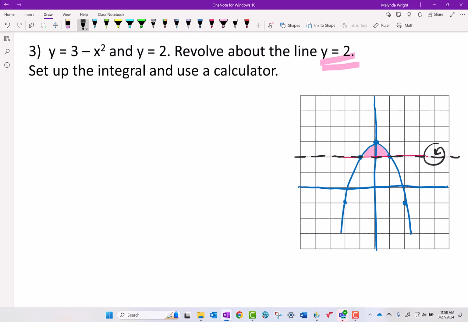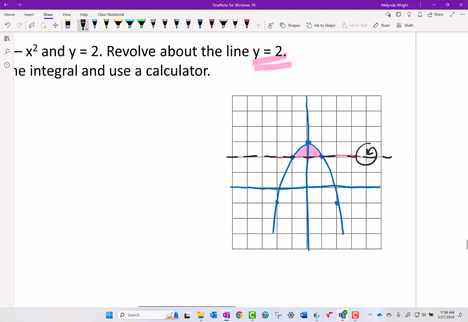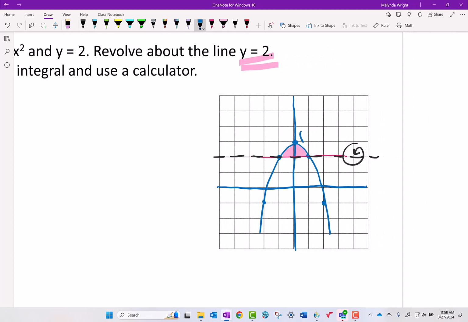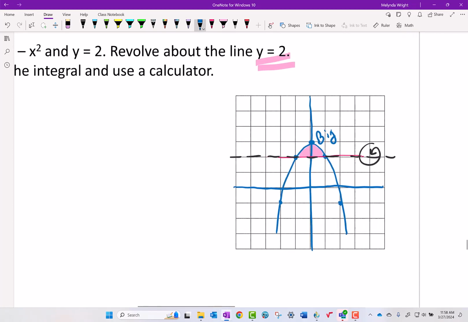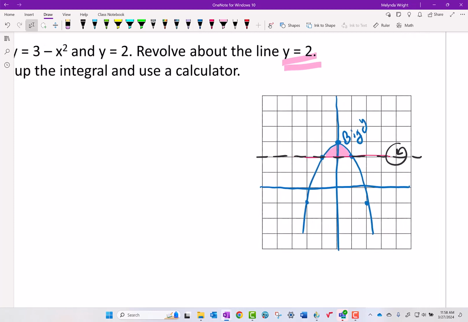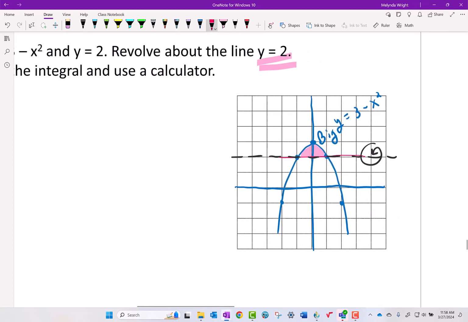So let's label our big and little. Okay, this is big right up here, right? Big is on top. So what is big? It's y equals 3 minus x squared. That's big. Little would be the underneath part. You know, that right there would be little. And little is y equals 2.